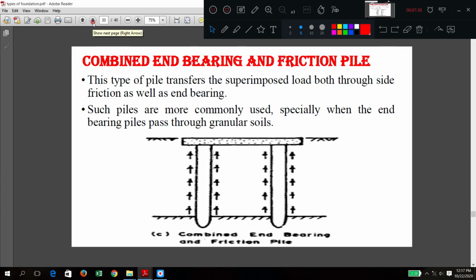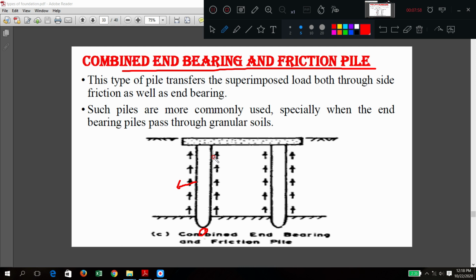Now we have combined also, no? So if the load is very large, if you have pile and pile cap which transfers the load at the bottom also and the sides also, bottom also, sides also, that time we can call it a combined end bearing and friction pile.